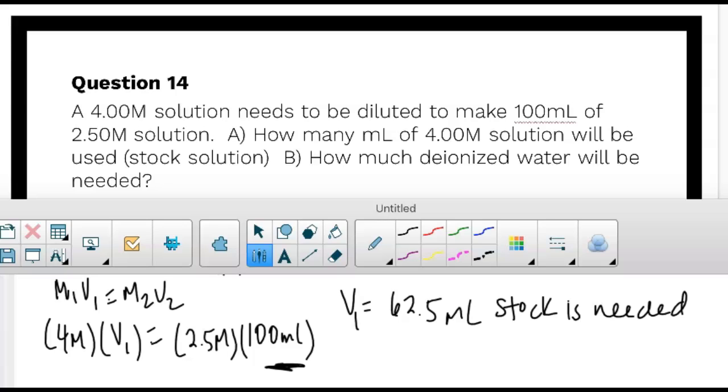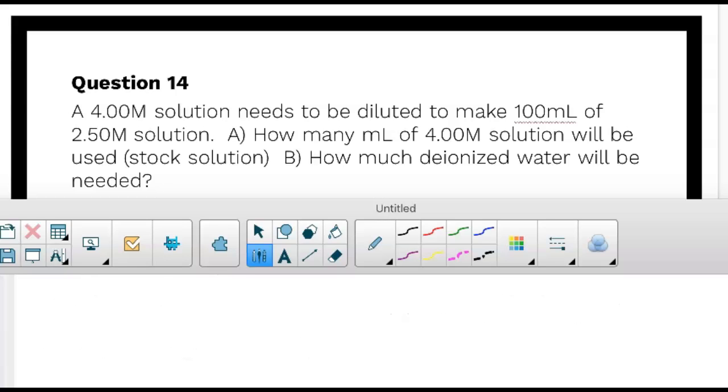Part B is a little different. It says how much deionized water will be needed. We needed 62.5 mils of stock, right? That's our previous answer. That's how much we needed. But the question is saying how much water was added, right? How much was added?